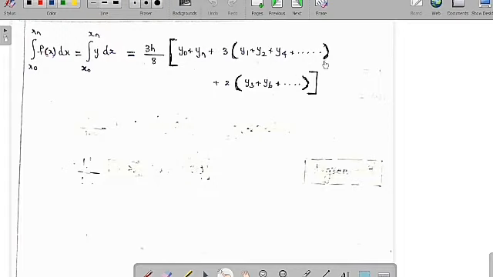So therefore simply 3h by 8 into y0 plus yn plus 2 times of y3 plus y6, the values multiplied by 3, and for the remaining y1 plus y2 plus y4 we take 3, but in the previous case this is 2 and this is 4.